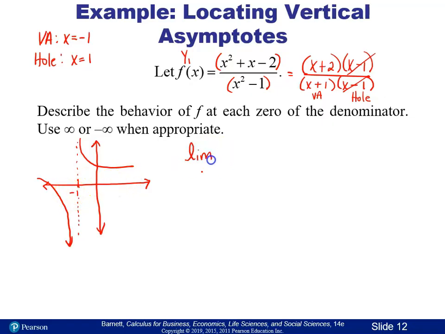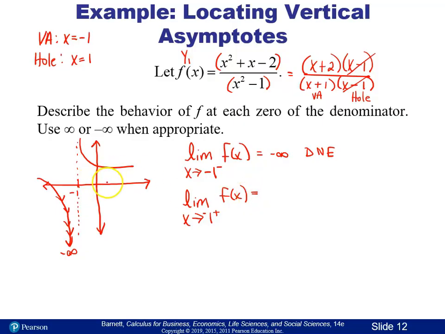So what I can say is the limit as x approaches -1 from the left. As we're coming into -1 from the left, if I'm following the graph, I'm going down here to -infinity. So that's going to be a does not exist. If I'm looking at the limit as x approaches -1 from the right side, we're approaching -1 following our function, and that's going to take us up here to +infinity.